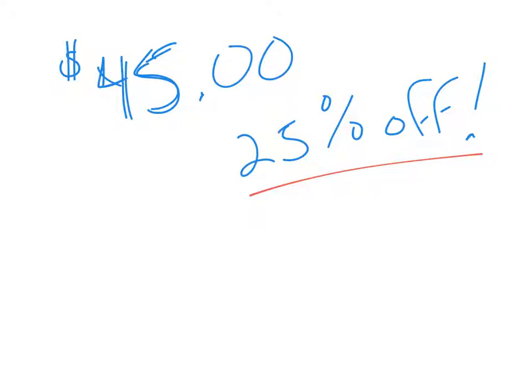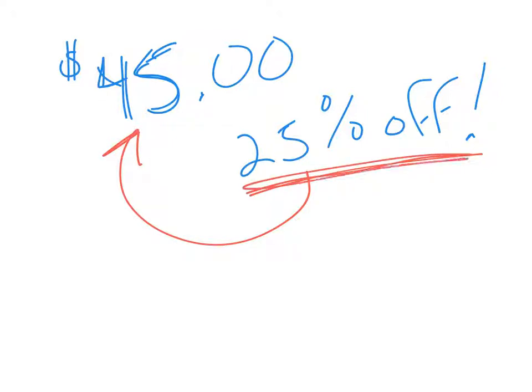We need to figure out, well then how much am I going to end up paying for this item? So our first step is to figure out what is 25% of this particular price? Because if the sale is 25% off across the entire store, that applies to things that are $45, $20, $6, $80, it doesn't matter what the price is, the percentage has to be the percent of that particular price.